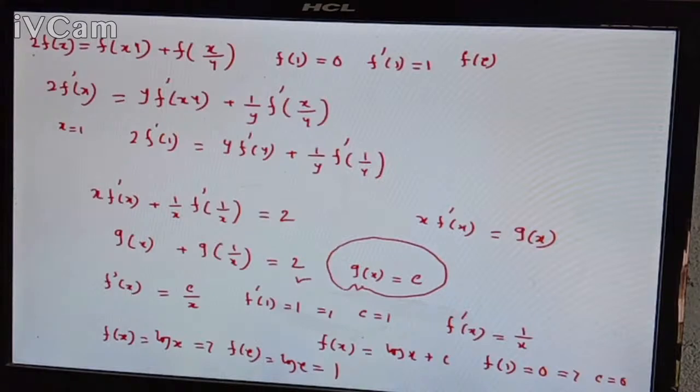Now I'm giving you some clue here on how to get this one. Suppose we concentrate on x equal to 1 and take an interval which is 1 minus epsilon to 1 plus epsilon.